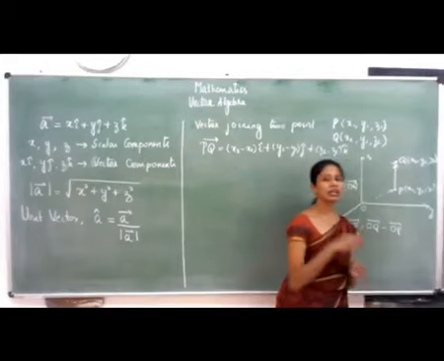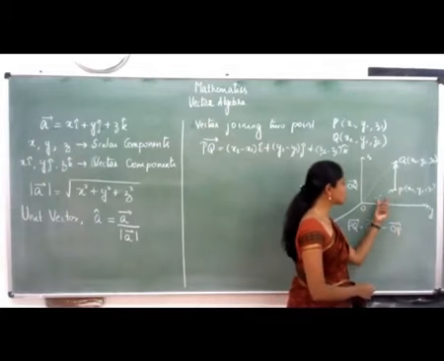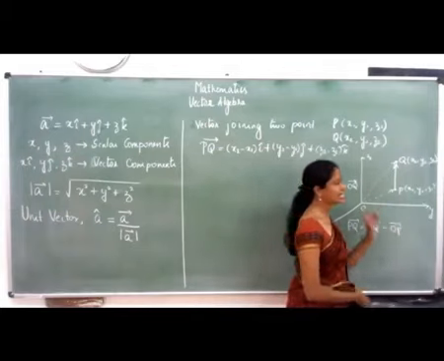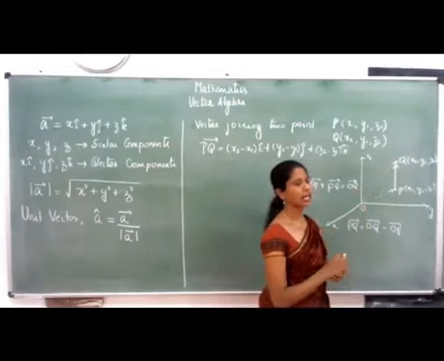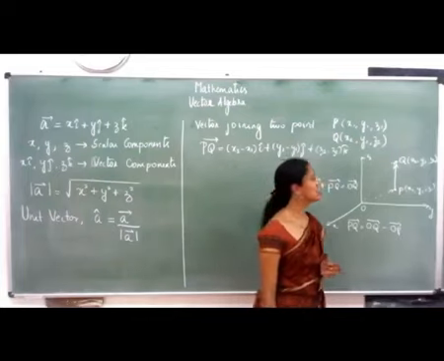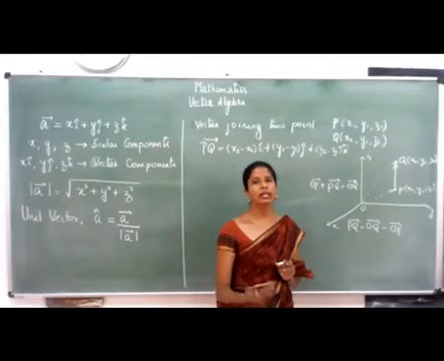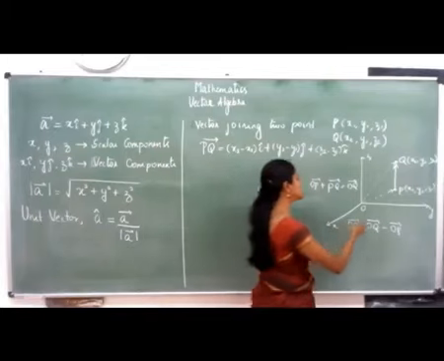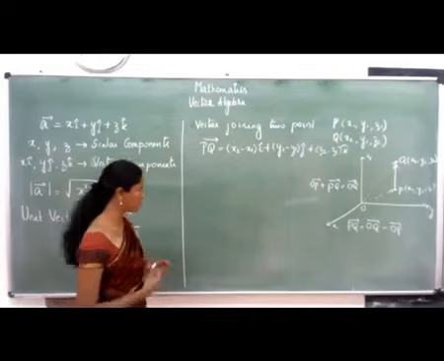Once we know the coordinates of a point, we can easily write the position vector. The position vector of the point P is x1 i cap plus y1 j cap plus z1 k cap. Similarly, the position vector of the point Q with coordinates x2, y2, z2 is x2 i cap plus y2 j cap plus z2 k cap. Simplifying this, we got the vector joining two points.